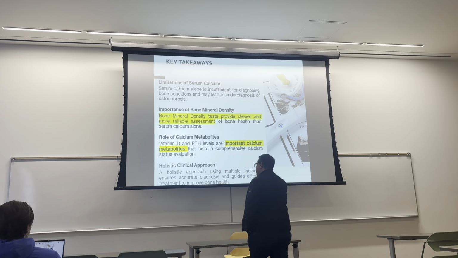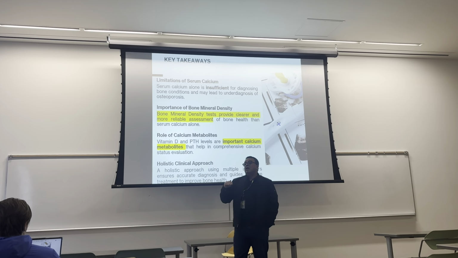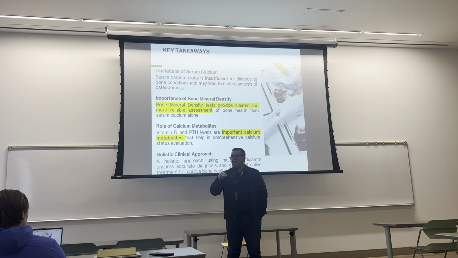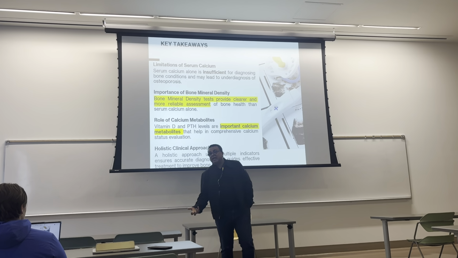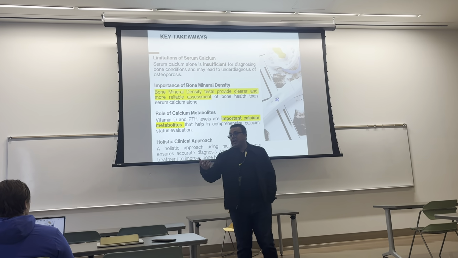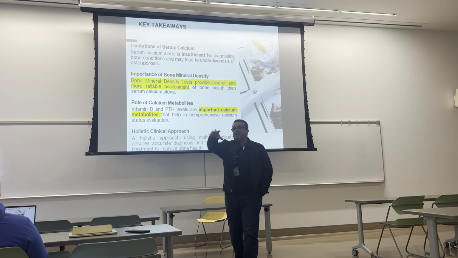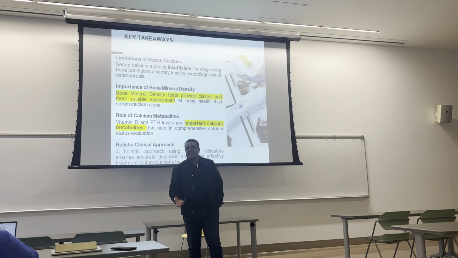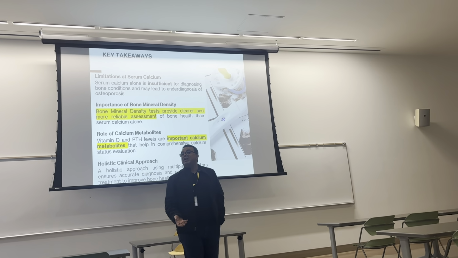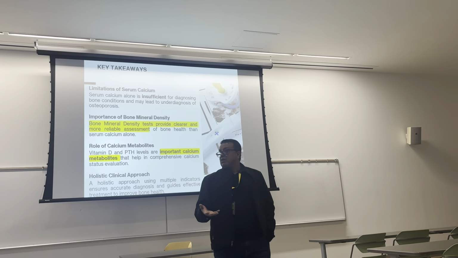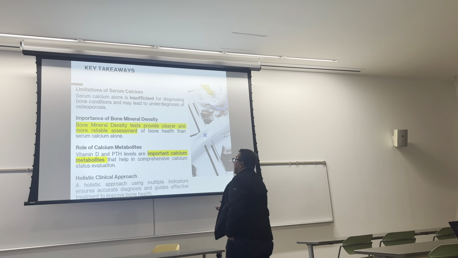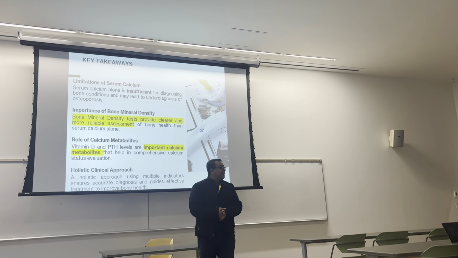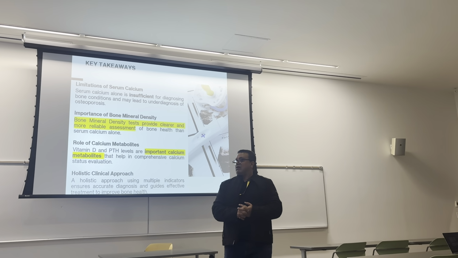So if I have a normal level of magnesium, the parathyroid will act perfectly and it will increase in case of calcium deficiency. It will adjust all the three mechanisms I talked about. But if the magnesium is deficient, the parathyroid will not act perfectly and all the three mechanisms will not happen.